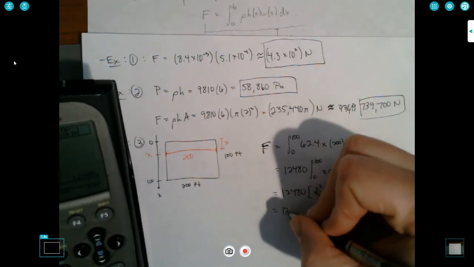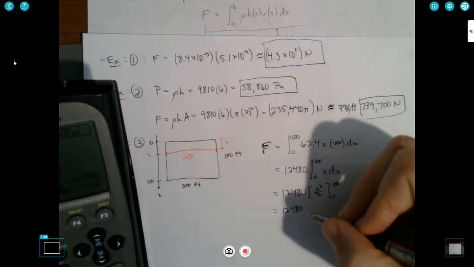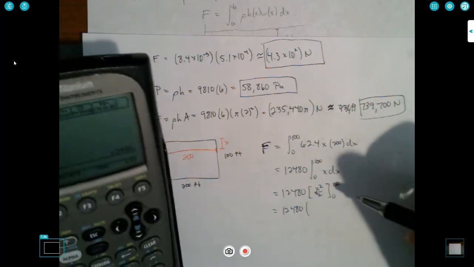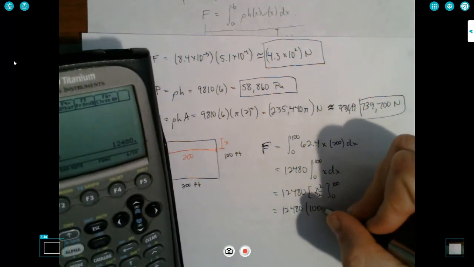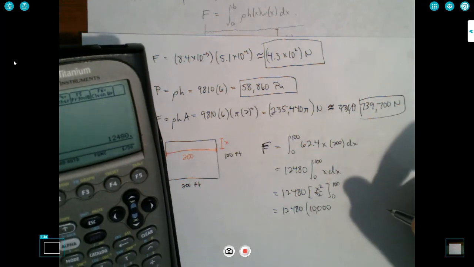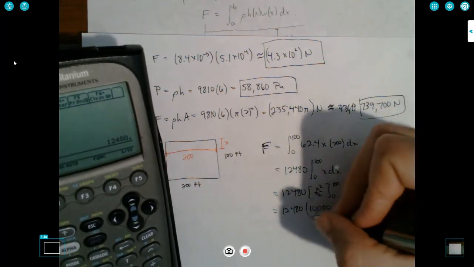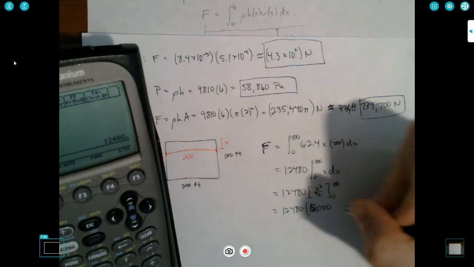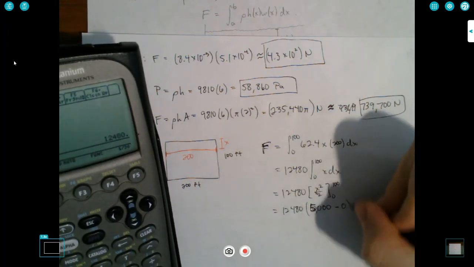So 12,480 times 100 squared, that would just have 4 zeros, right? 1, 2, 3, 4. So what is that? 10,000. Oh, divided by 2 though. So I guess it should be 5,000. 5,000 minus, if you plug in 0, you're just going to get 0.